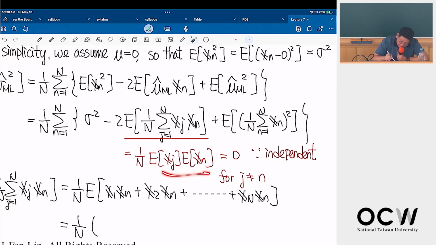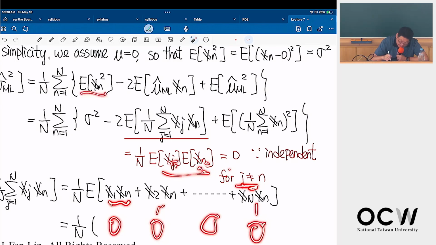If they are not the same, j is not equal to n, this should be 0, 0, 0, until they are the same, then I have a sigma square.